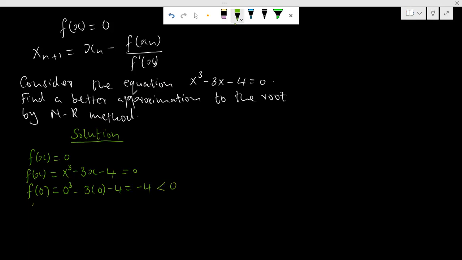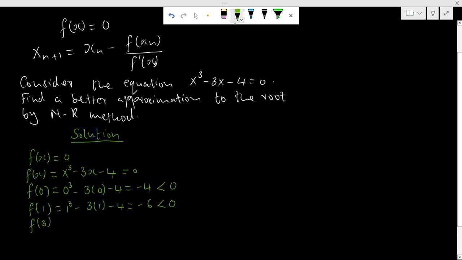We can also check f at 1, which is equal to 1 cubed minus 3 times 1 minus 4. This is 1 minus 3, which is negative 2, minus 4, and you get negative 6. This negative 6 also is less than 0. We also have to test f at 3.